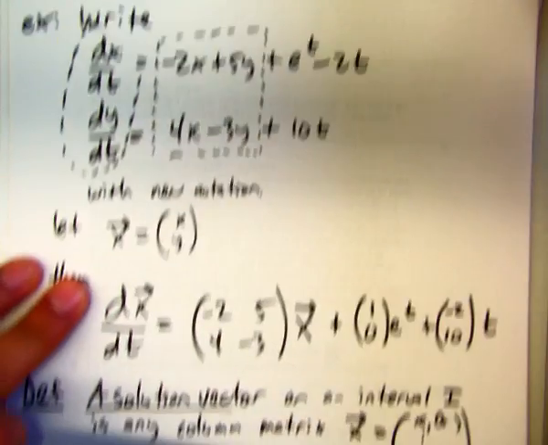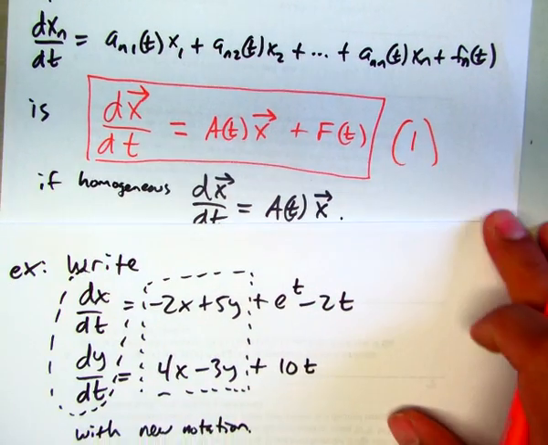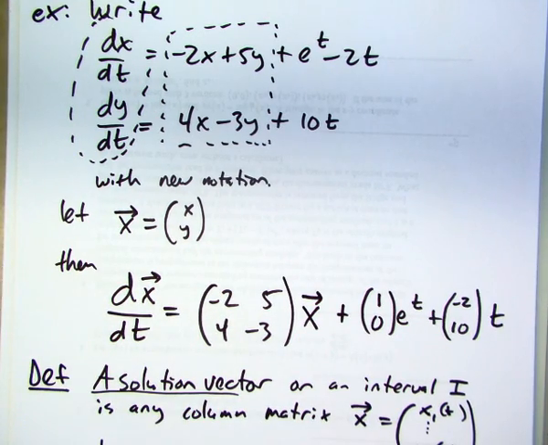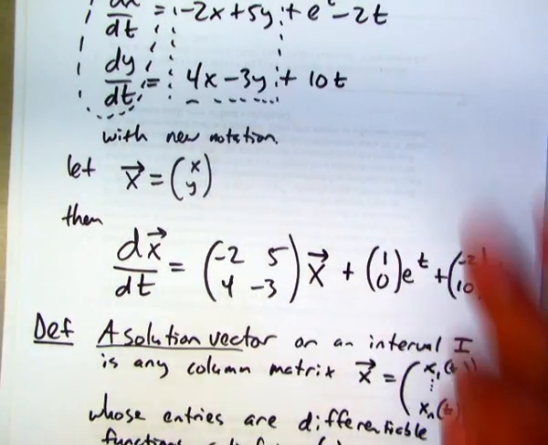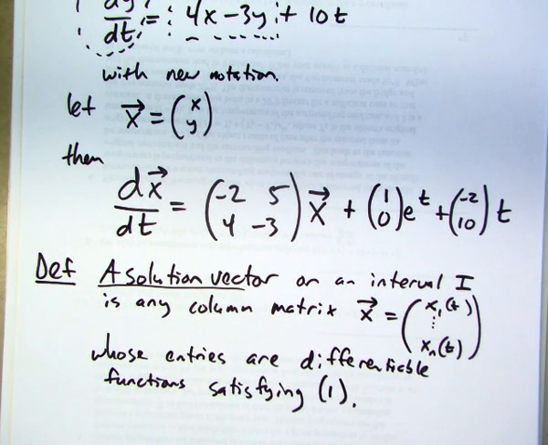Let's call this equation 1. So if they satisfy that equation in orange, then that's what we consider the solution to the system.